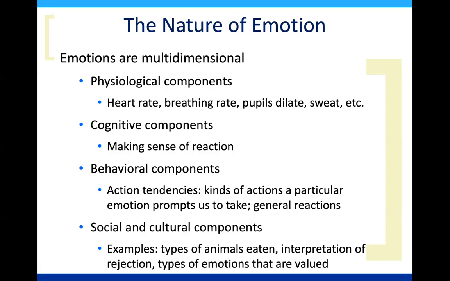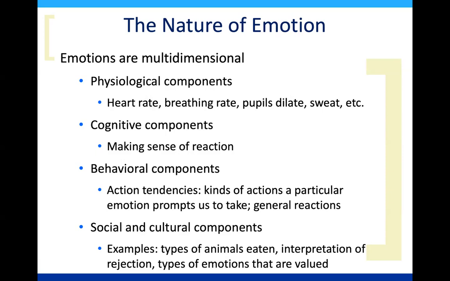Culture and society can also influence our interpretation of rejection. In the United States, because we are an achievement culture, we take failure or rejection very strongly. So it's going to determine how we react and what emotion is triggered when we feel that rejection.